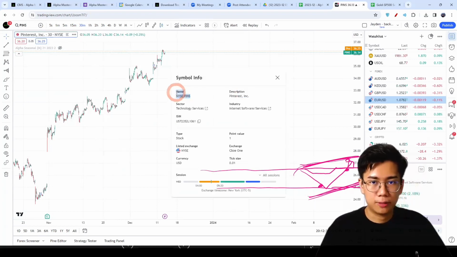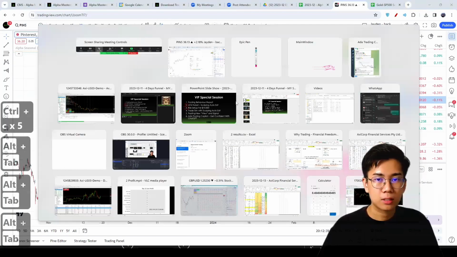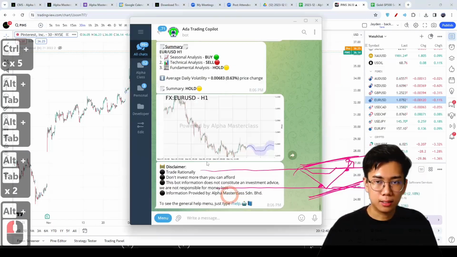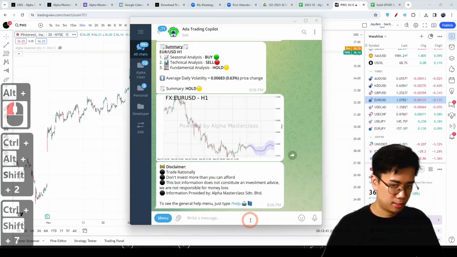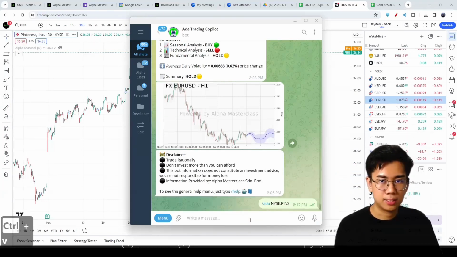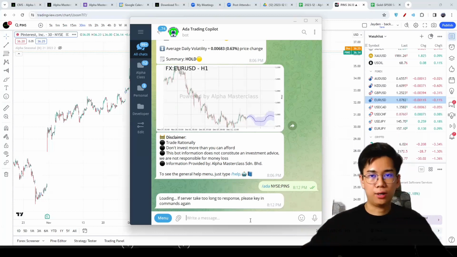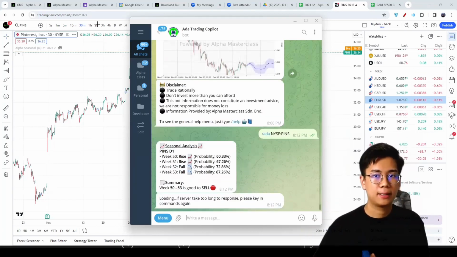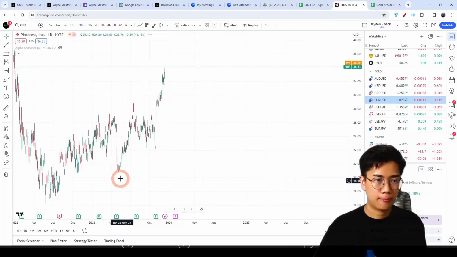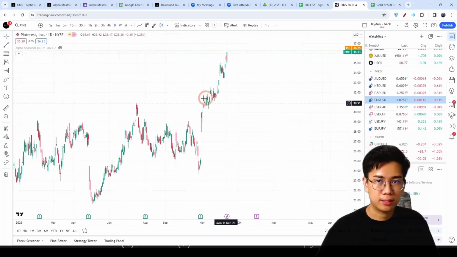So this is the name for Pinterest, NYSE Pins. And later, you just key in /ADA NYSE Pins. Of course you can type a time frame on it. When you type this, it will search the data. So this is the real market of Pinterest.